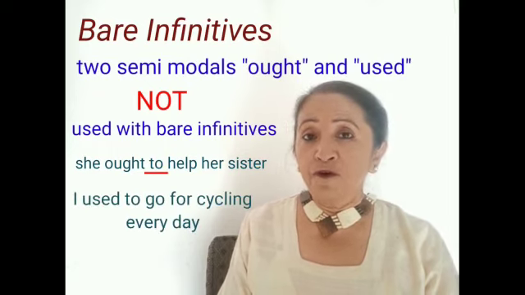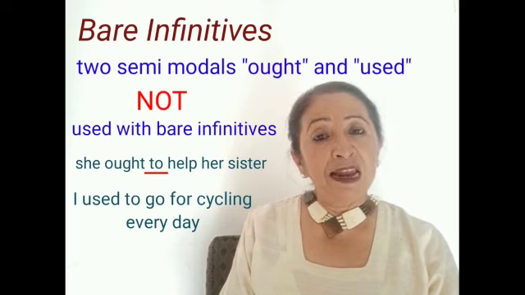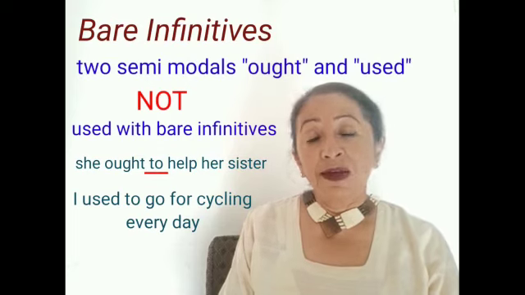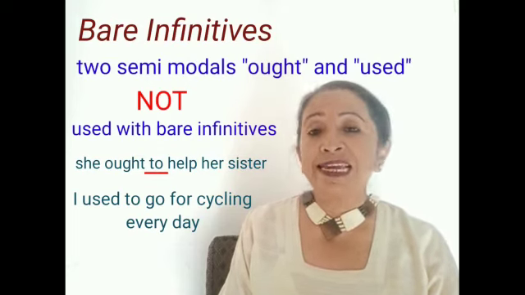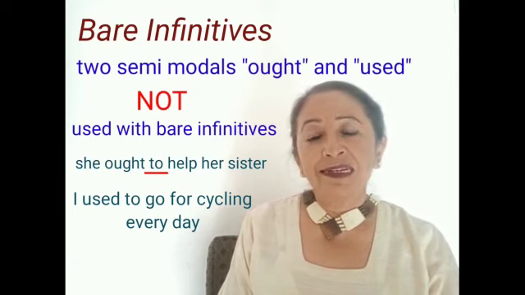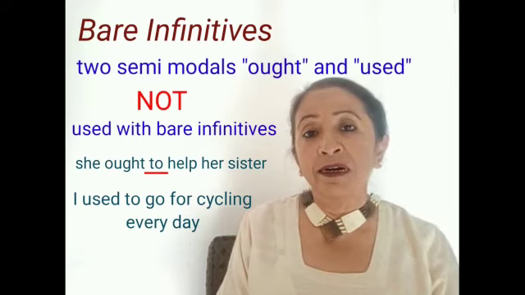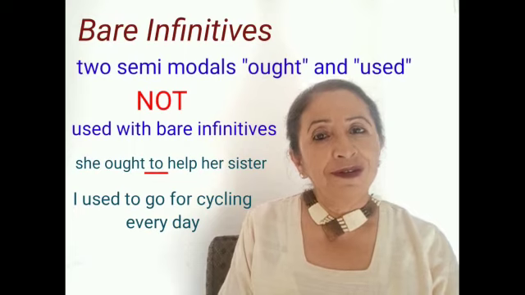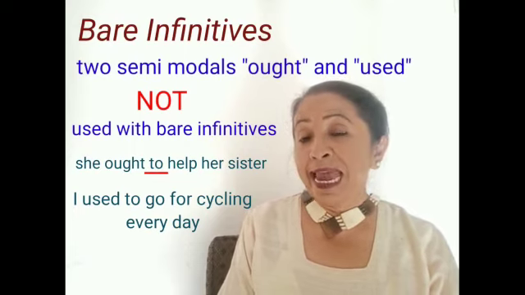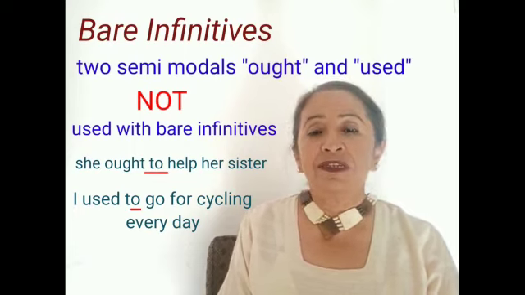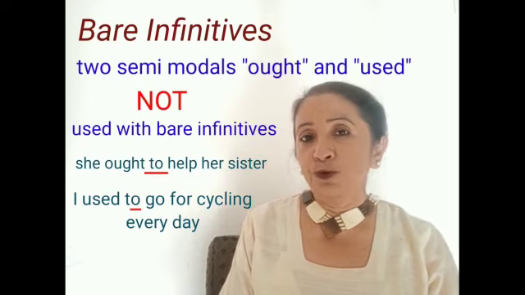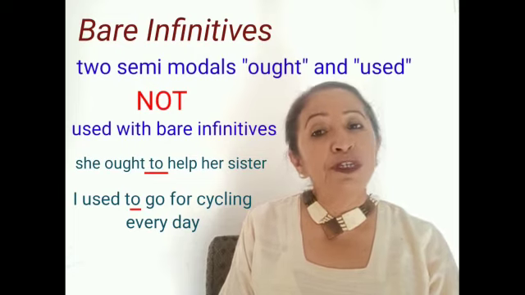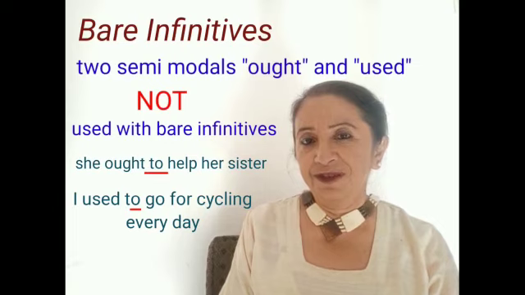I used to go for cycling every day last year. That is something I used to do earlier, but now I've stopped. With used, again, a to is used. Used to. So here we don't use bare infinitives.